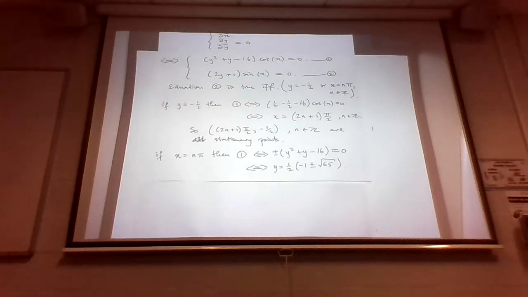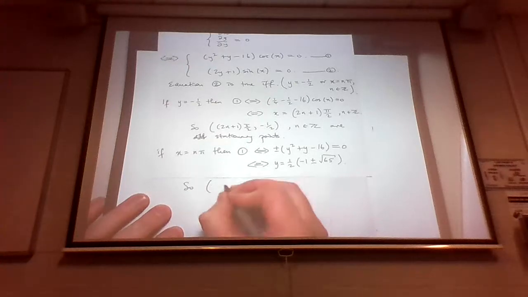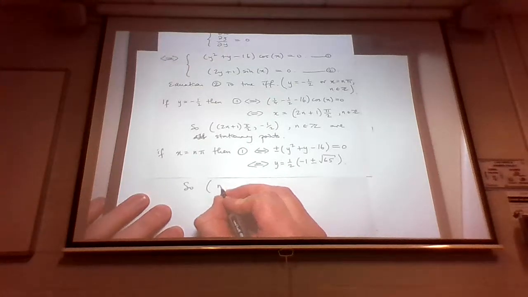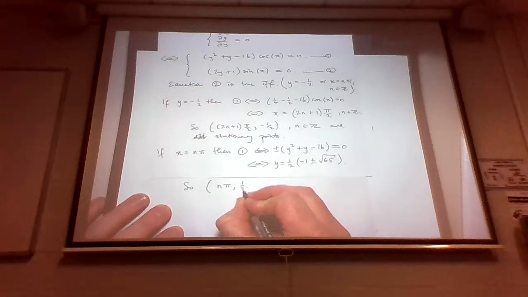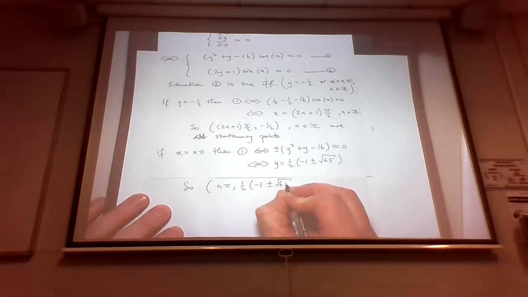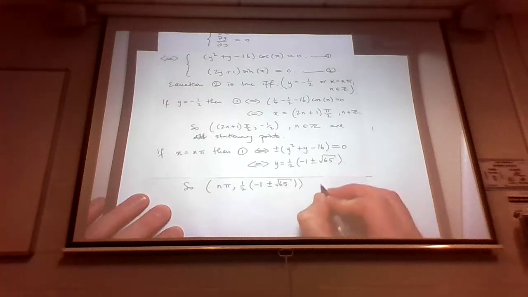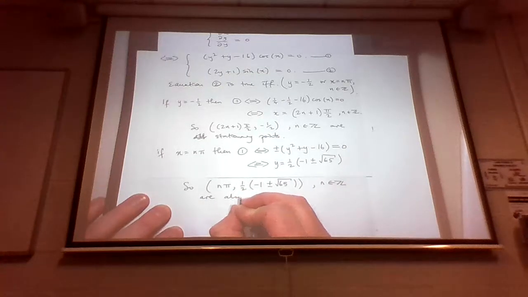So we found a second set of stationary points. Any point which looks like this, n pi and a half of minus 1 plus or minus square root of 65, for any integer value n, these are also stationary points.